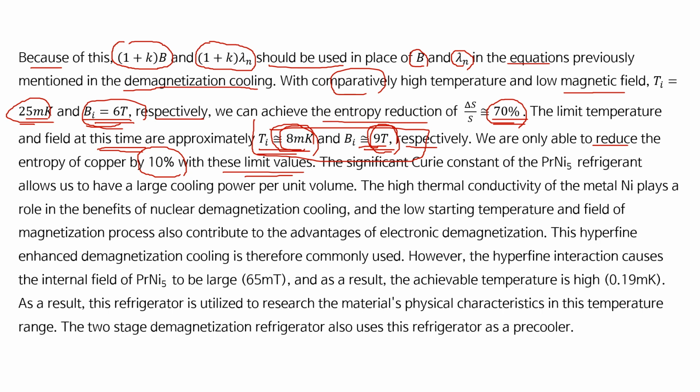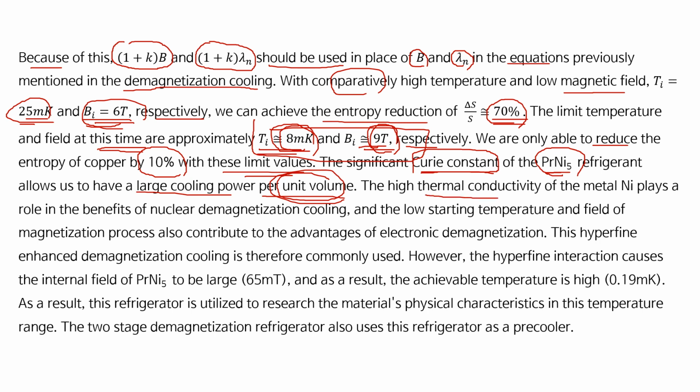The significant Curie constant of PrNi5 allows us to have large cooling power per unit of time, unit of volume. So PrNi5 has a large Curie constant, and so we can have large cooling power.